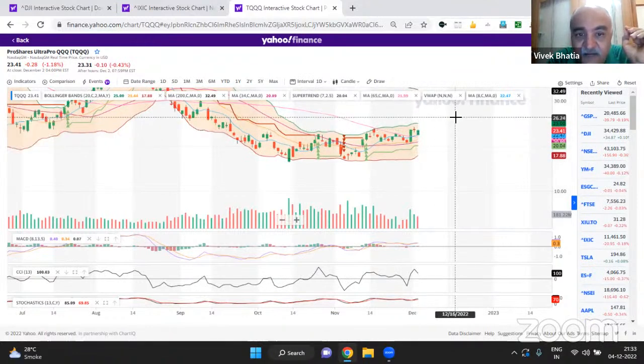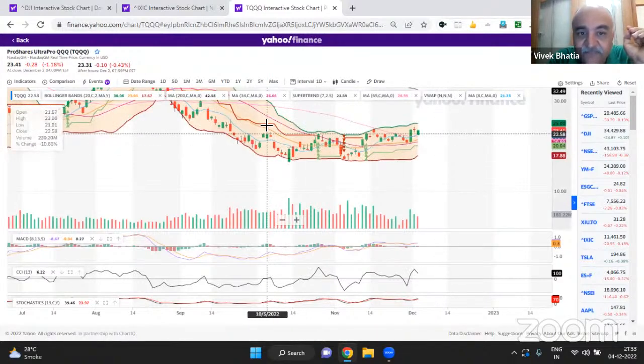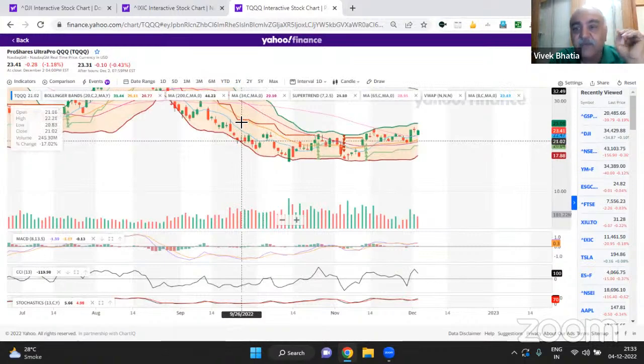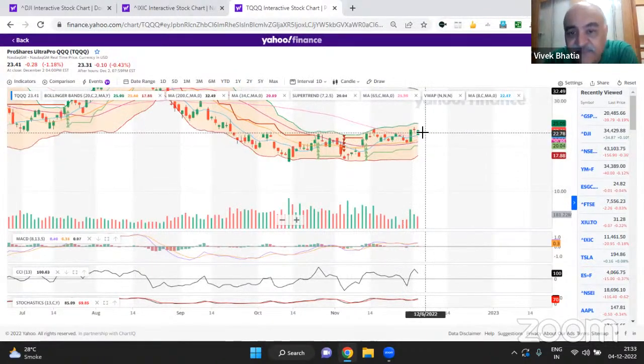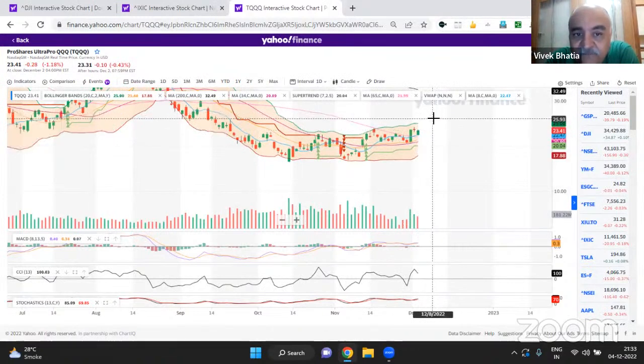And first targets would be here, 25 and then 26. A $25 from here could be comfortably giving you about 10% returns.